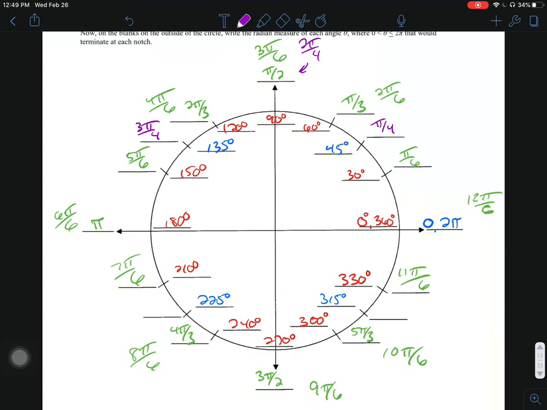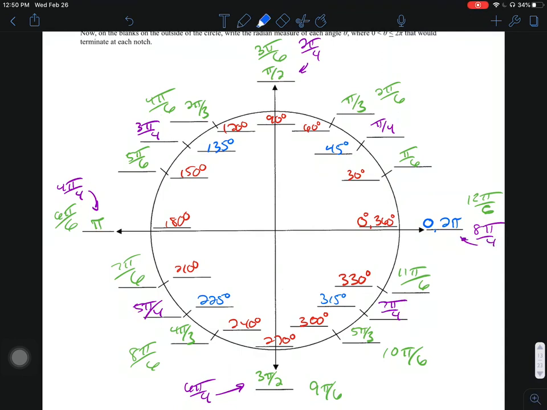The negative x-axis is 4 pi over 4, which reduces to pi, which we already have. 225 would be 5 pi over 4. The negative y-axis is 6 pi over 4. And then 315 is 7 pi over 4. And then back to the beginning would be 8 pi over 4, which reduces to 2 pi.